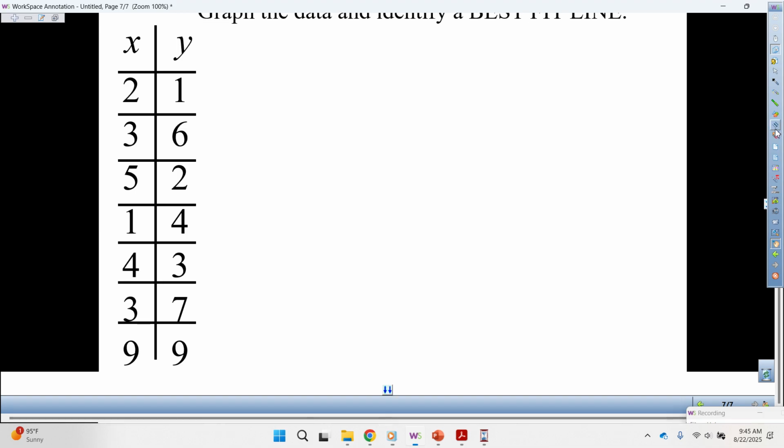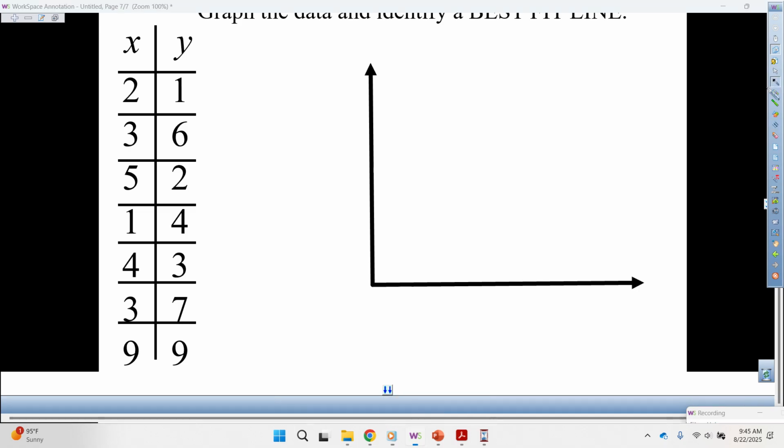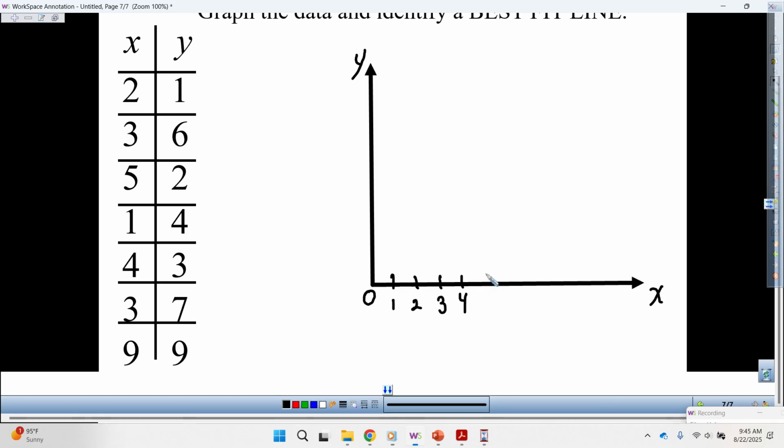All right, to the right of that, let's make quadrants to graph. Here we go. Here's my y-axis, my x-axis. Let's see, what's the smallest value for x? Smallest is 1. What is the largest? 9. So that means label is 0, and then we start 1, 2, 3, 4, 5, 6, 7, 8, 9.